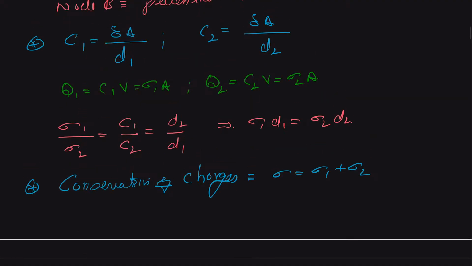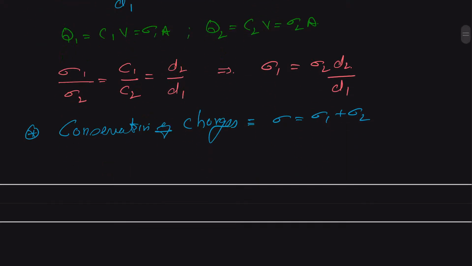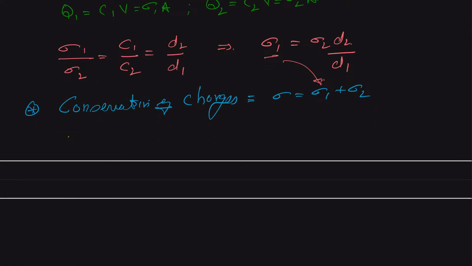And from here, we are going to substitute the value of sigma 1. Okay, so let me rewrite it. So this will be sigma 1 divided by our d1. So we are going to use the sigma 1 and substitute it in this equation. So we get this as sigma 2, which we can take as common. Okay, so we can just write it directly.